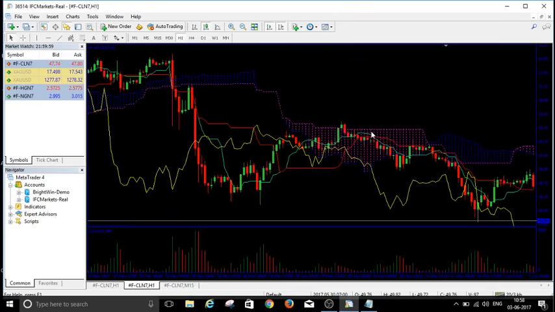So this is a second signal of sale. So suppose we sold here, no need to book in a hurry. Okay, you need to wait for a good profit. So here this line crosses above the Kijun Sen, but again it came down and market went down.